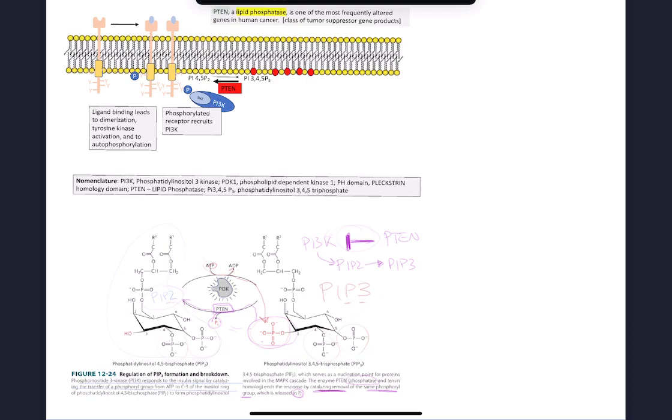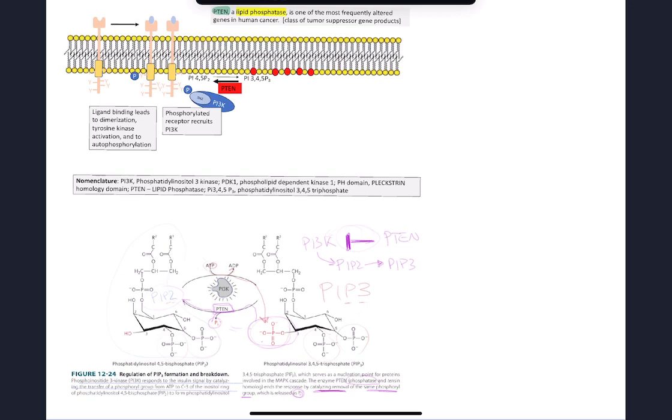Right, and that's where PTEN comes in. We heard PTEN come up a couple times, and that is basically the turn-off mechanism. Right, it's a lipid phosphatase. Okay, and it's one of the most frequently altered genes in human cancer. It's a class of tumor suppressor gene products.